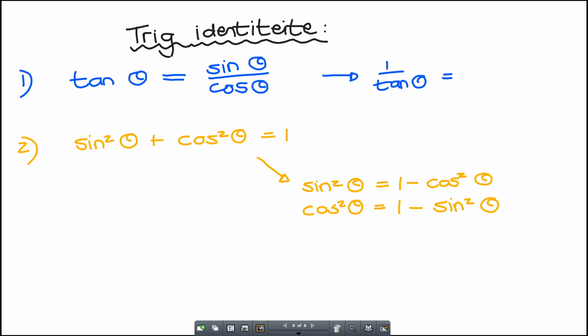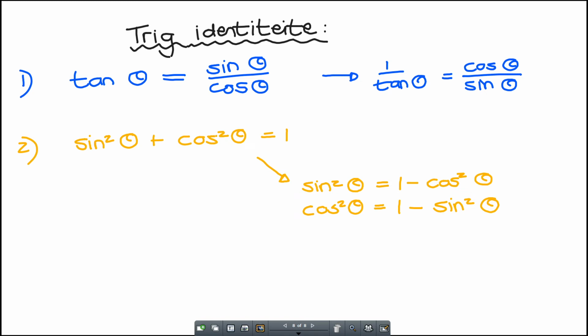So if I switch that around, it means I'm also switching this side around. So dit sal eintlik dan gelyk wees aan cos theta op sin theta. Okay, so sien jy dis dieselfde, is net albei kante is geswitch. So that's why it's the same thing. Okay. Goed, so daai is jou 2 identiteite wat jy vir my baie goed moet ken.